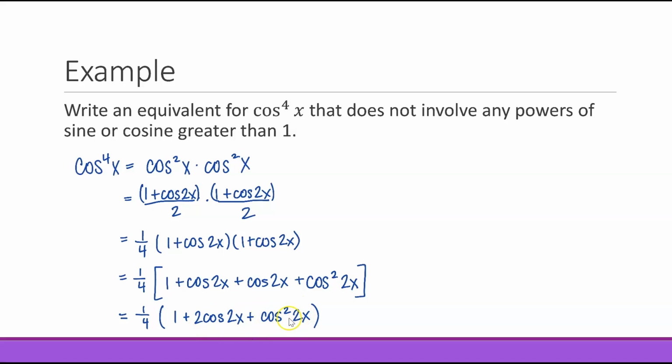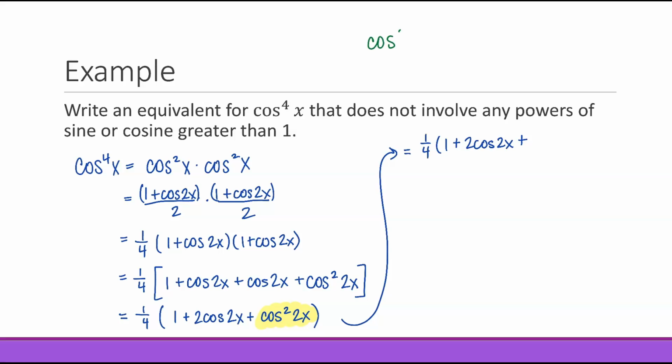So I have one more power reducing to do here. Get rid of this cosine squared of 2x. So I have 1/4, 1 plus 2 cosine 2x plus, all right, so now how do we work with this? Cosine squared of 2x. The formula that we have, I'm going to rewrite it on the top for a second.